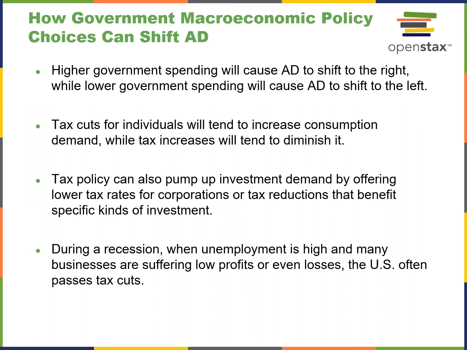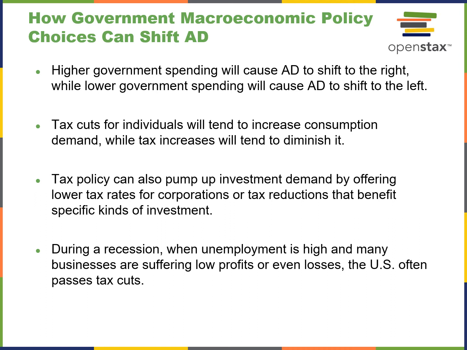Okay, we're going to talk about how government macro policy choices can shift the AD. Higher government spending will cause it to shift to the right, whereas lower government spending will cause it to shift to the left. Tax cuts will tend to increase consumption demand, while tax increases tend to diminish it.